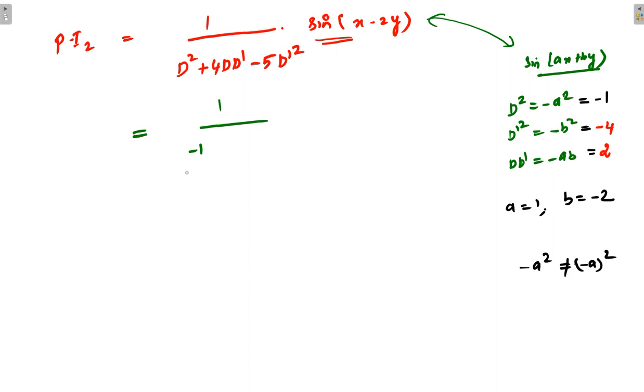Again, you should not square this term, right? You should not square this term. So already I have substituted d square is equal to minus 1. That's all.